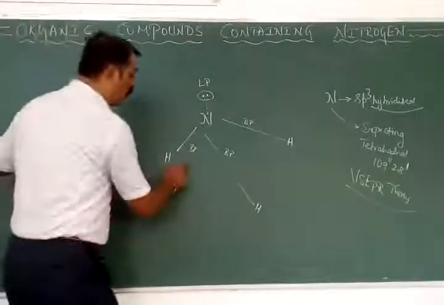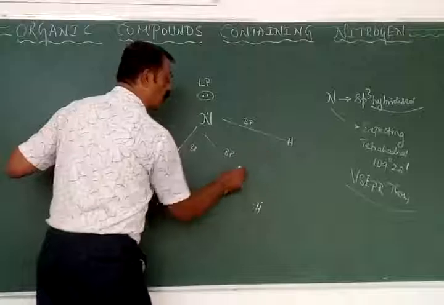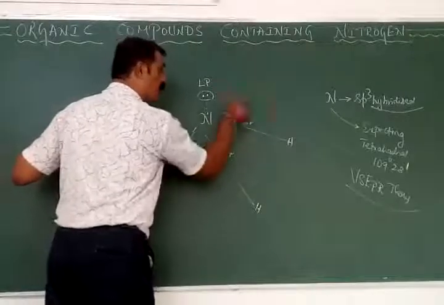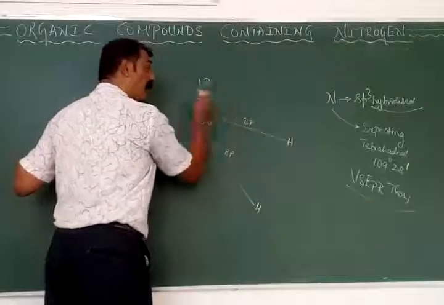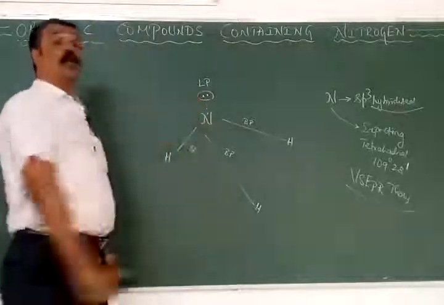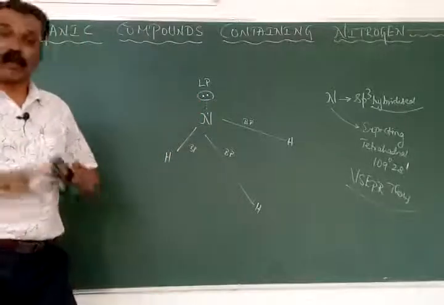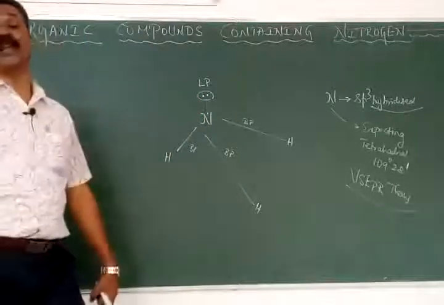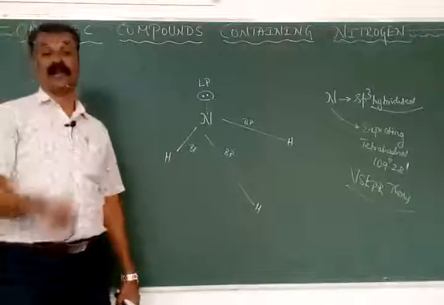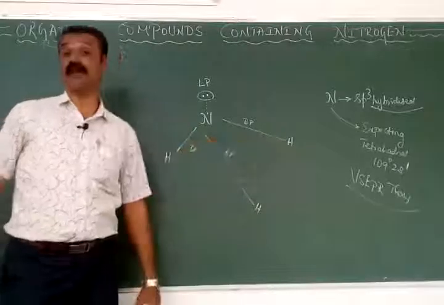So whether all the repulsions between the 4 valence shell electron pairs are the same or different? It is different according to the VSEPR theory.